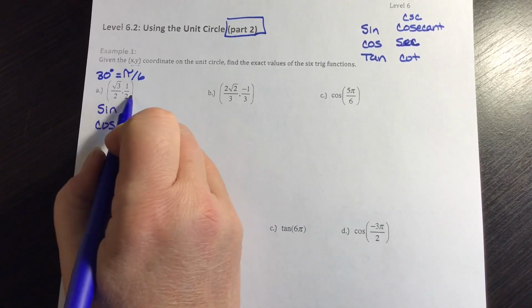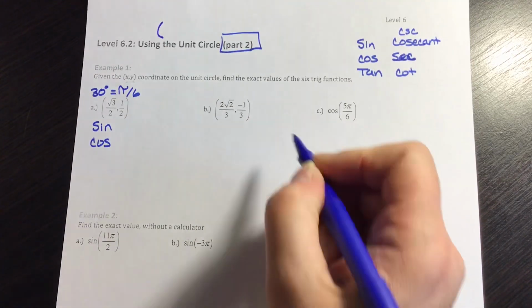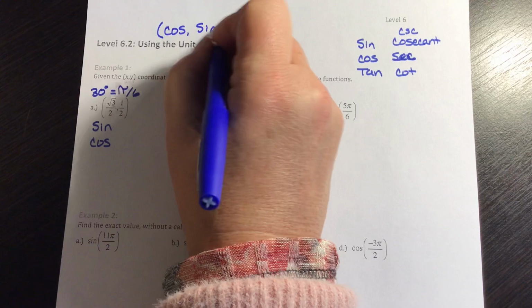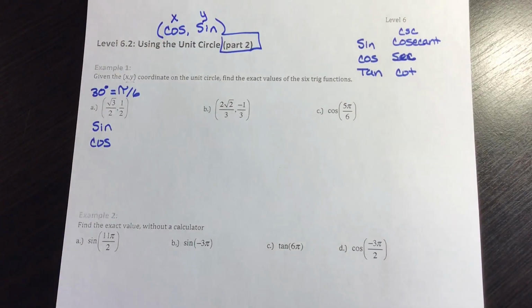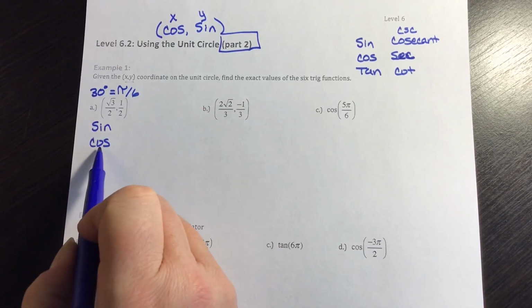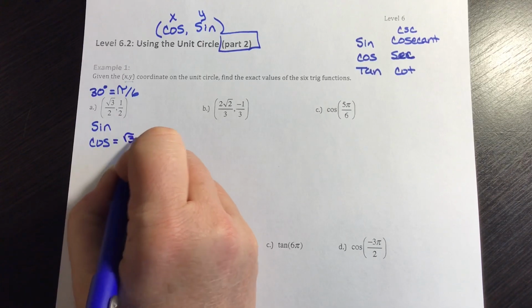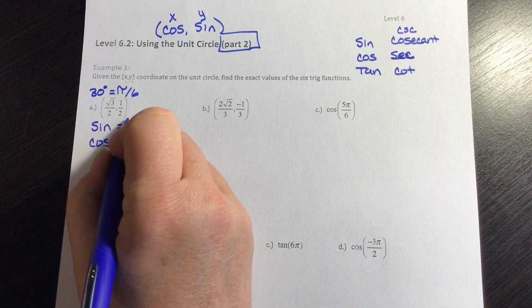Now we get those values from our ordered pair, because remember, in our ordered pair, cosine goes first and then sine. So this is our x coordinate, this is our y coordinate in our ordered pair. So now, looking at this, I know cosine is the x-coordinate, so this is square root of 3 over 2. Sine is the y-coordinate, which is 1/2.